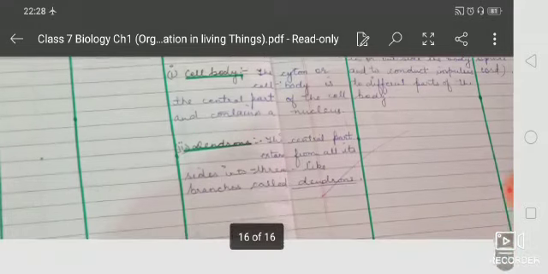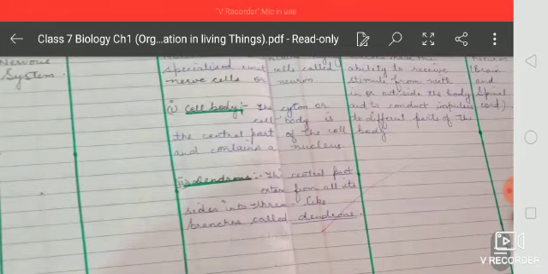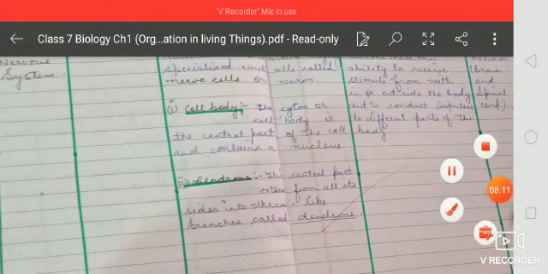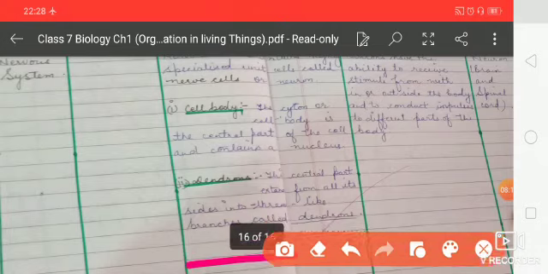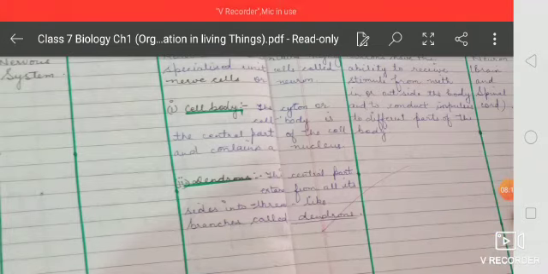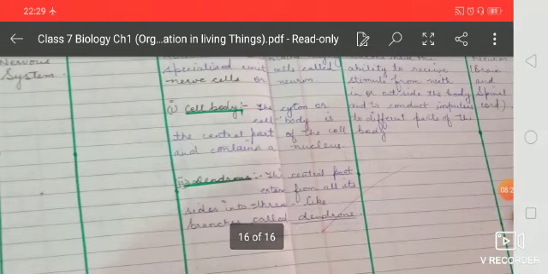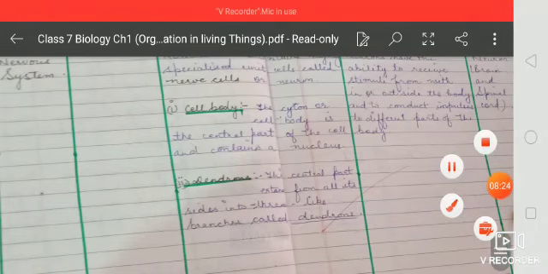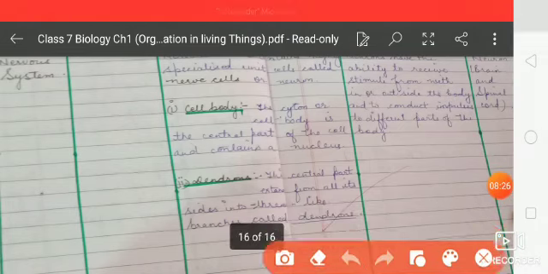And dendrons extend from all its sides. They are thread-like branches, and these thread-like branches are called dendrons. These dendrons receive messages from other neurons.